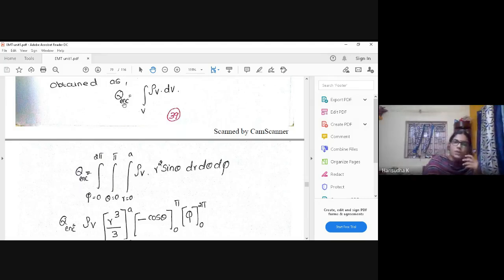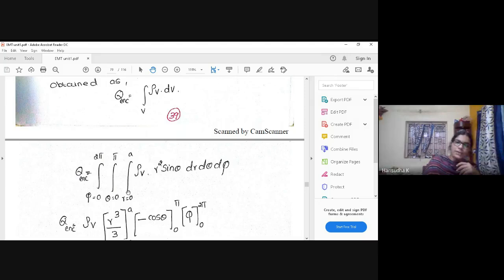Now this equation is Q enclosed will be equal to the volume integral of rho v into dv. In the place of dv, I have replaced it with r square sine theta dr d theta d phi. This rho v I have retained the same. We know what is the range for r. As we have assumed, the point P is fixed in the outer region, that is r is greater than a.